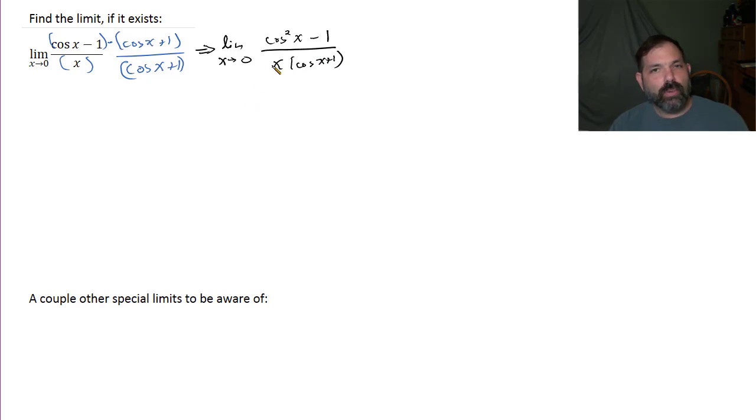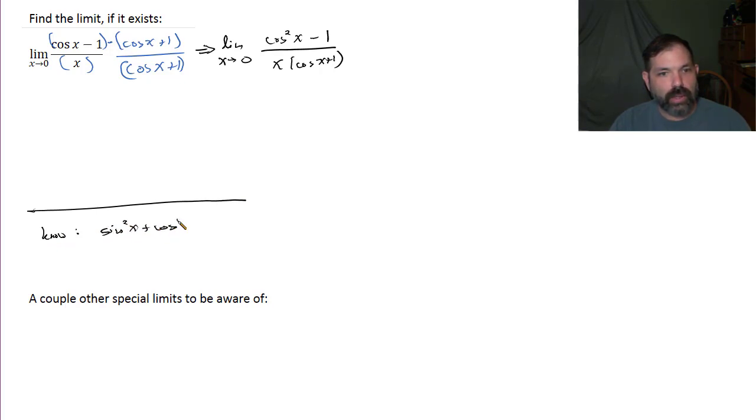I might look at that numerator, cosine square x minus 1, and say I've seen something like that before. In fact, I know the Pythagorean identities. I know that sine square x plus cosine square x is equal to 1. So if I manipulate this a little bit, if I want a cosine square x minus 1, let's subtract 1. Let's move the sine square x to the other side.